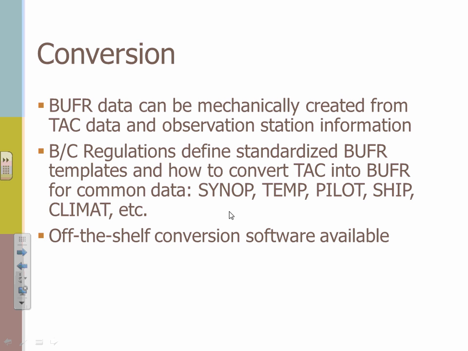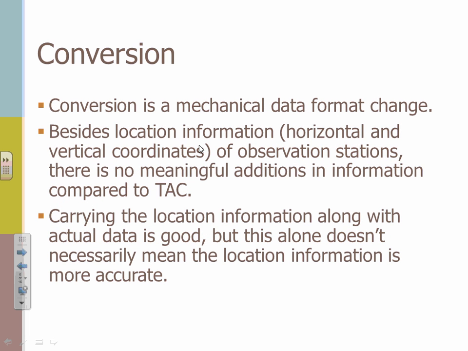By using these, you can mechanically create buffer data from TAC that you already have. So conversion is a mechanical data format change. Because a buffer message needs to have location information in the data itself, you at least need to add location information like horizontal and vertical coordinates of observation stations. But other than this information, there is no meaningful addition in information compared to TAC. Of course, this is just a transform of the data format.